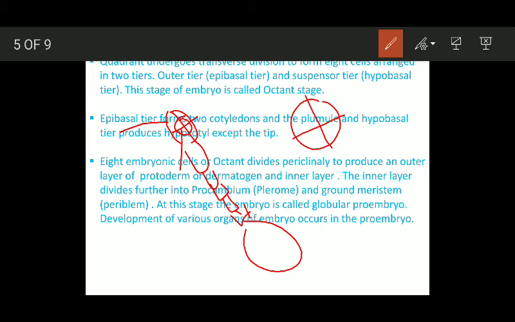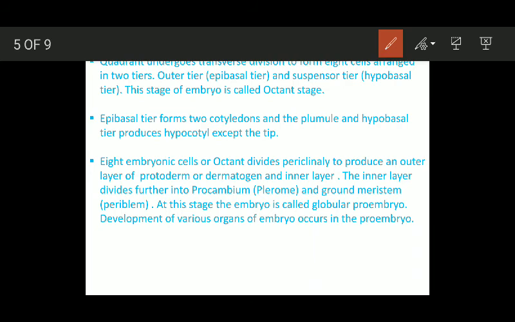The inner layer divides further to produce procambium and ground meristem or periblem. And at this stage, the embryo is called globular pro-embryo. The embryo at this stage is called globular pro-embryo. The development of various organs of the embryo occurs in the pro-embryo stage. याद रखना, this is very much important.